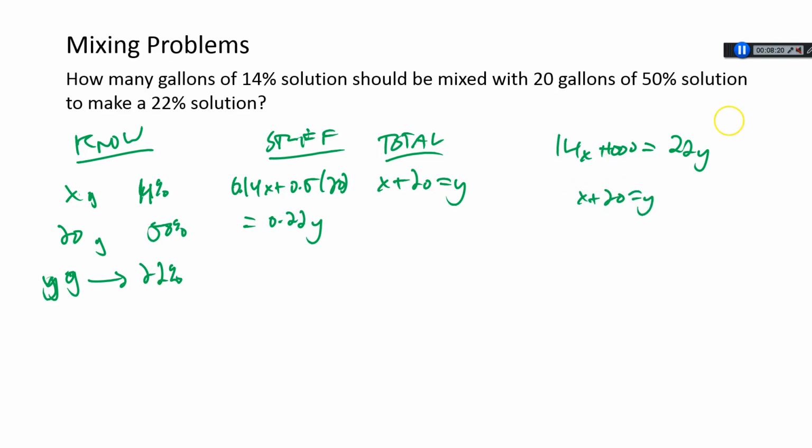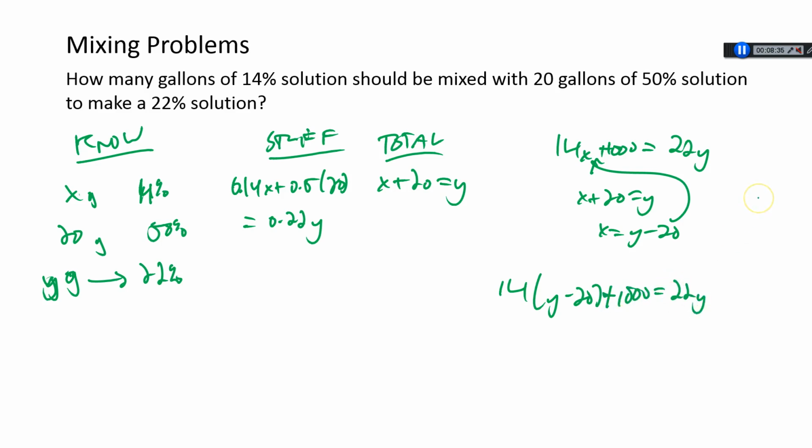This time I'm going to do some substitution. If I subtract 20 from both sides, I have x equals y minus 20. So I'm going to put that right here where the x is. So I have 14 times y minus 20, plus 1,000, equal to 22y. Now we distribute.